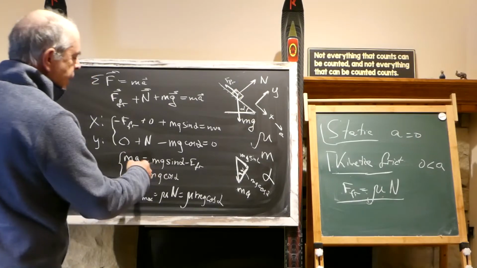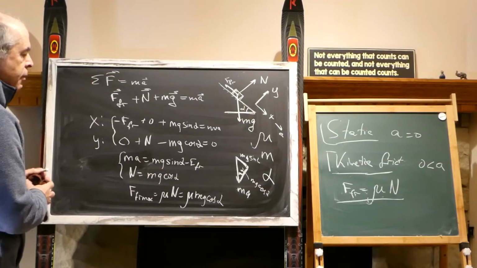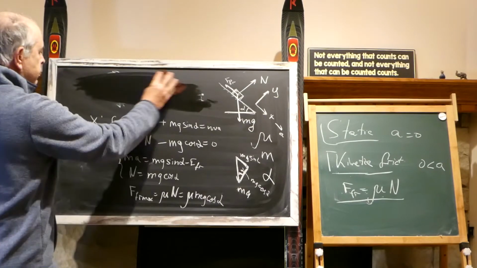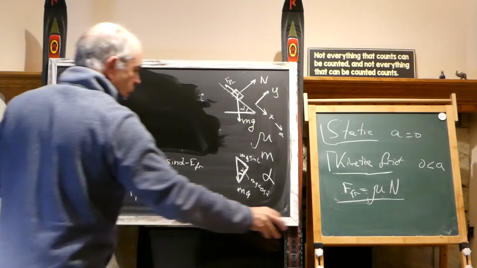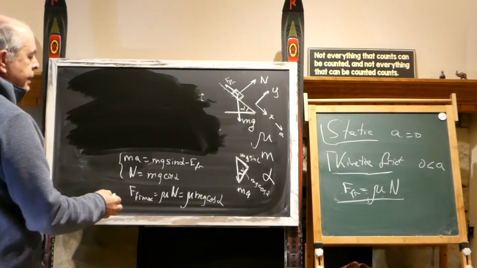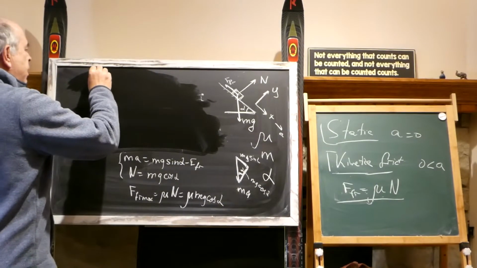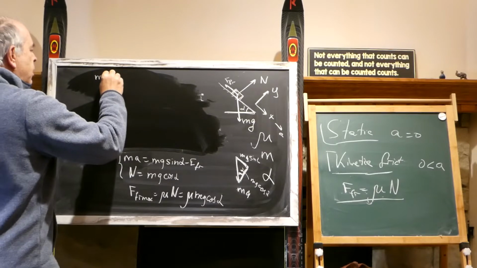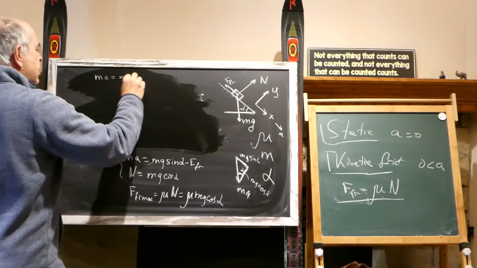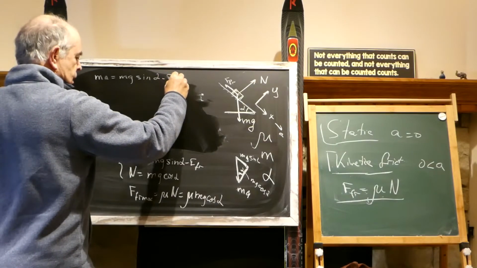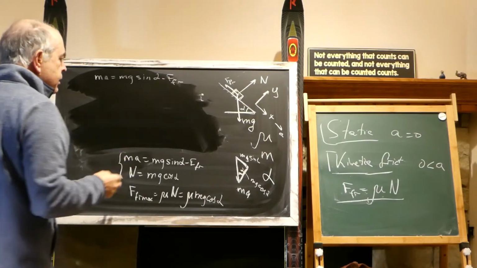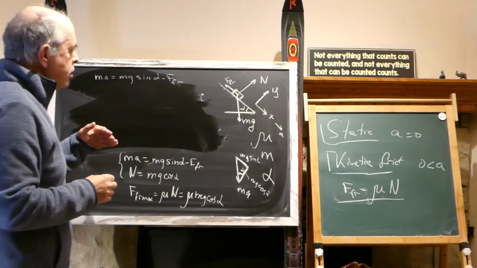If mg sine alpha is greater than mu, I will wipe it out. And so I know F friction max, and so I have ma equal mg sine alpha minus F friction.